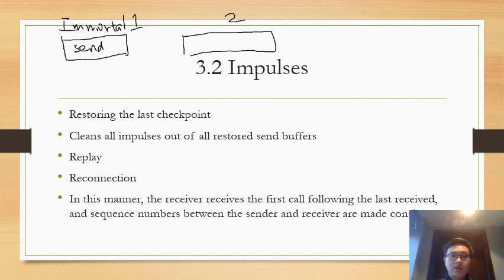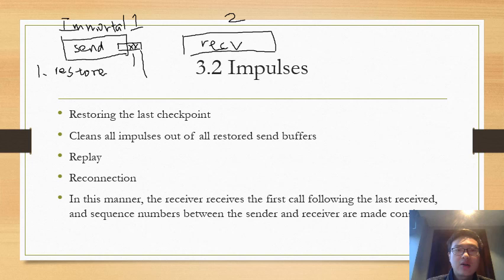It wants to reconnect to other immortals, and then other immortals are regarded as receivers. In immortal 1, it will first restore the last checkpoint. Then, in the send buffer, it cleans all the impulses, which means the send buffer now only contains replayable messages.